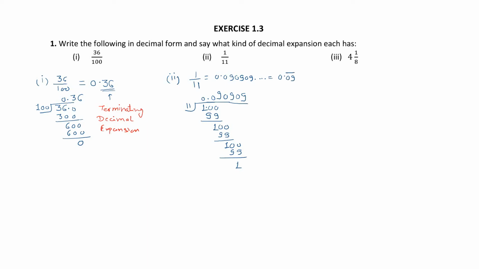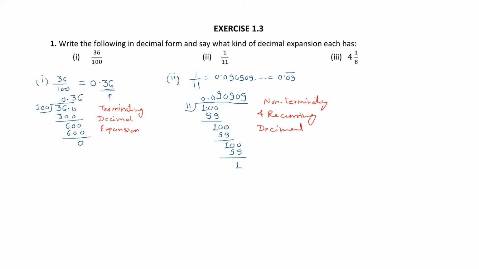So we can say the decimal expansion of 1 by 11 is non-terminating and recurring, because the 09 block is repeating. So it is a non-terminating recurring decimal expansion.